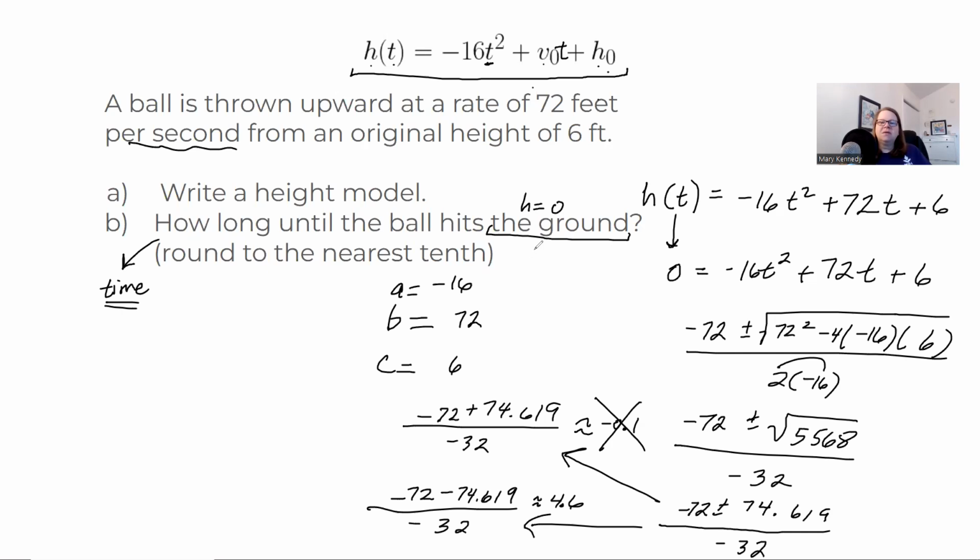So our answer is approximately 4.6 seconds. That is the answer to this question. The negative 0.1 is a solution to the function. It just doesn't work in this particular application because we're finding the amount of time.